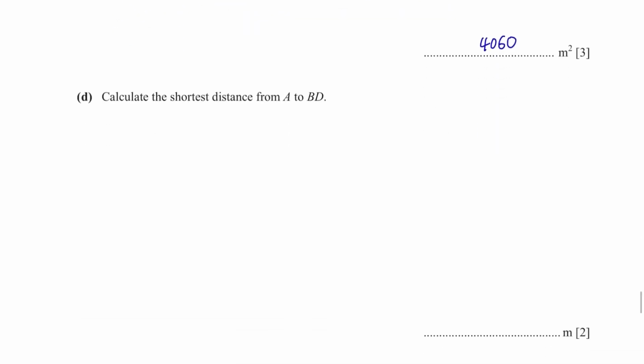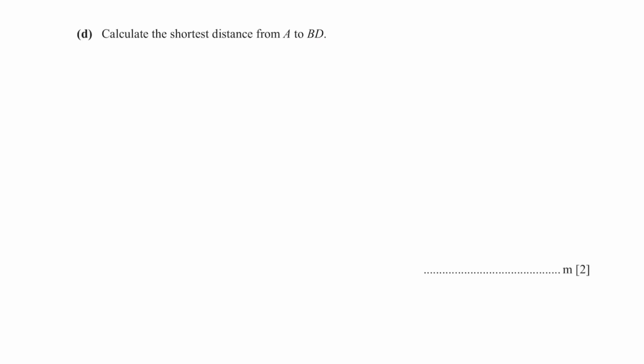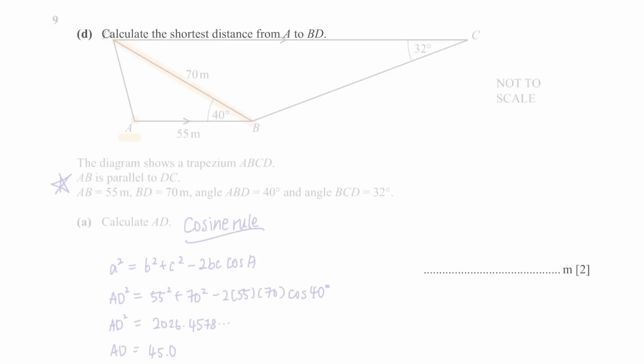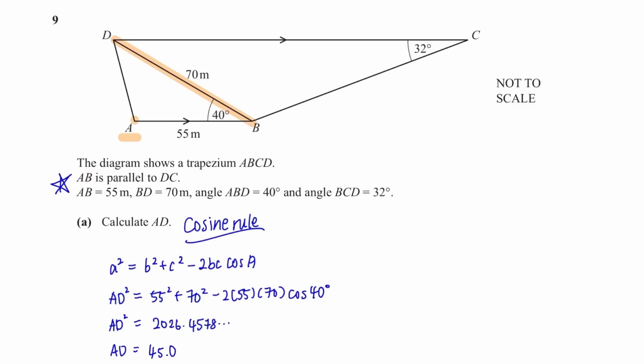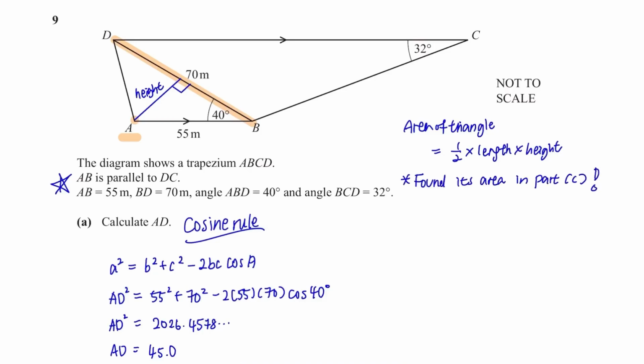Part D. Calculate the shortest distance from A to BD. Shortest distance means it's the perpendicular distance, like this. I'm going to call it the height of this triangle. There's another formula to find the area of a triangle, which is half times length times height. We know the area of this triangle, we just found it, and the length is given here, it's 70 meters.